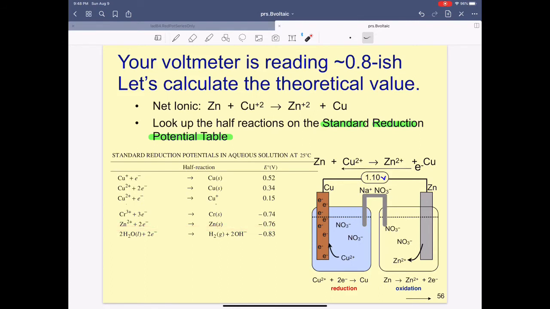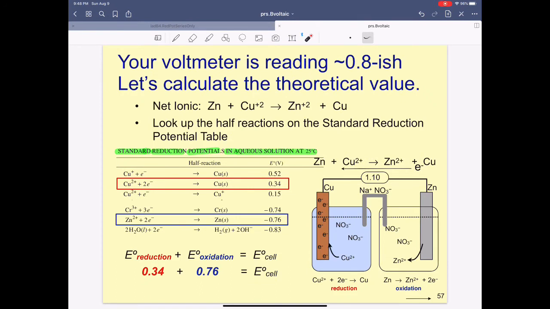But of course, what's happening in our lab is that the zinc is being oxidized. We always have to have an oxidation paired with a reduction. You can't have two reductions happening, or two oxidations. There must be one of each.